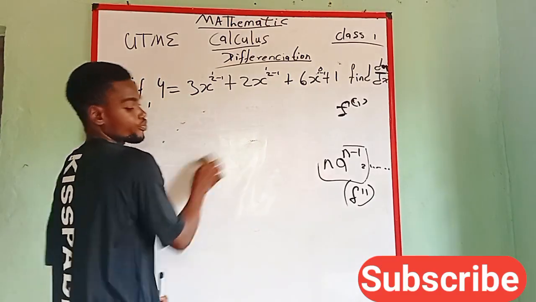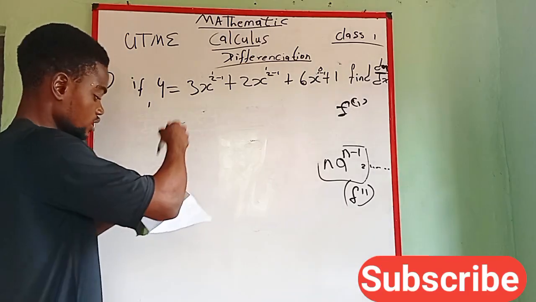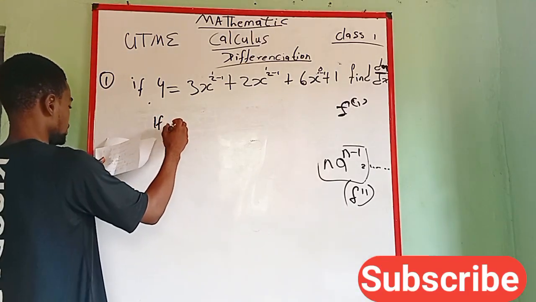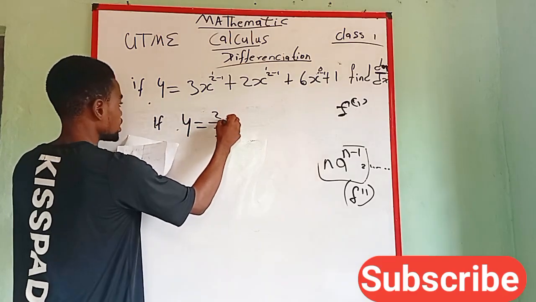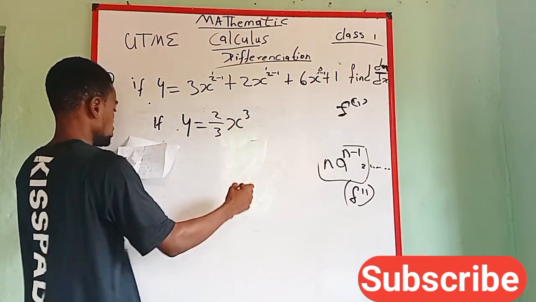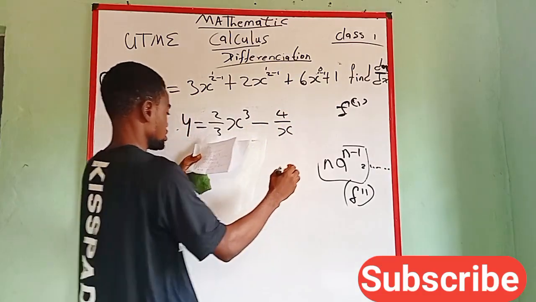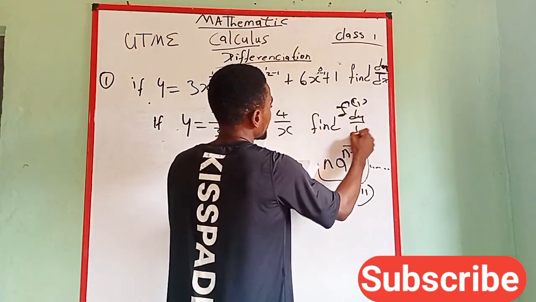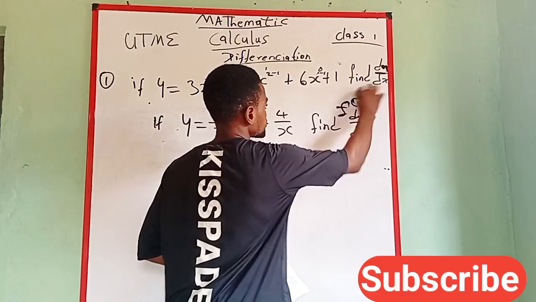Now, the next question here, look at it very well. It says if y equals 2 over 3 s to the power of 3 minus 4 over s, find dy over ds. And I have options.